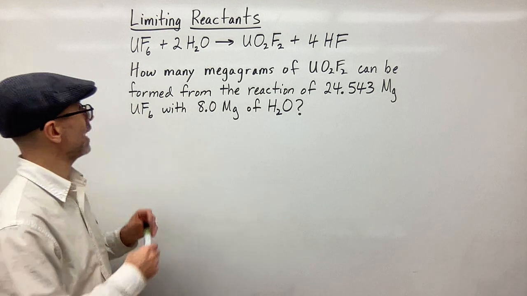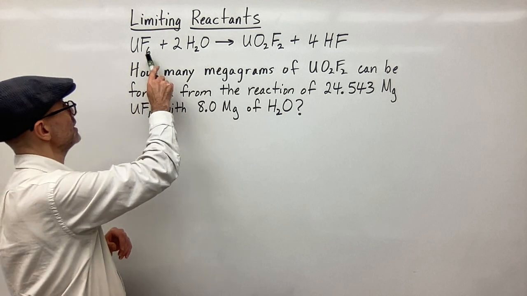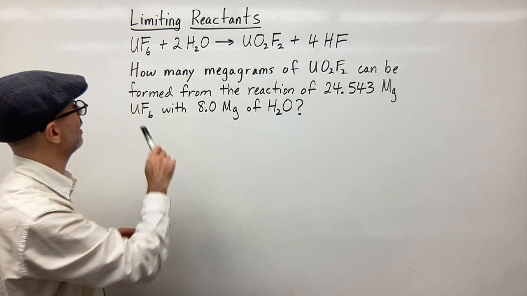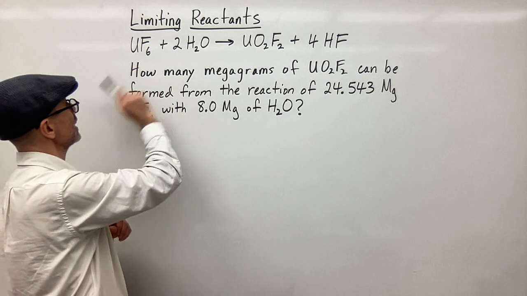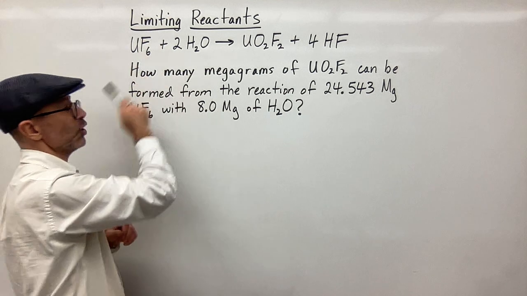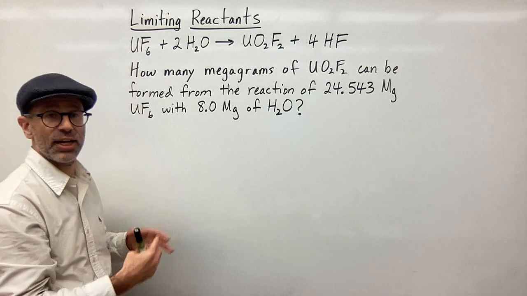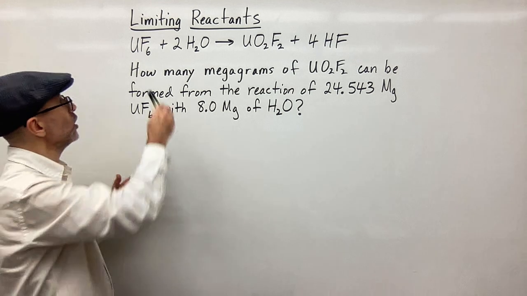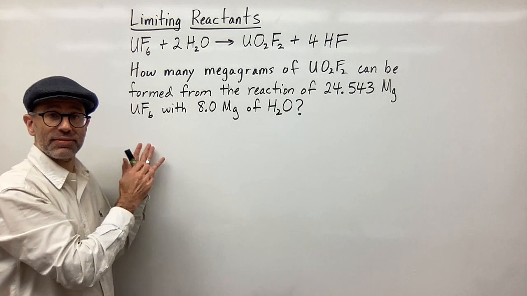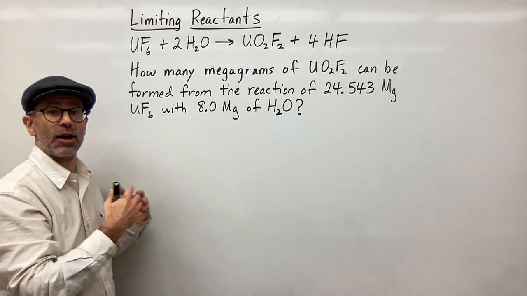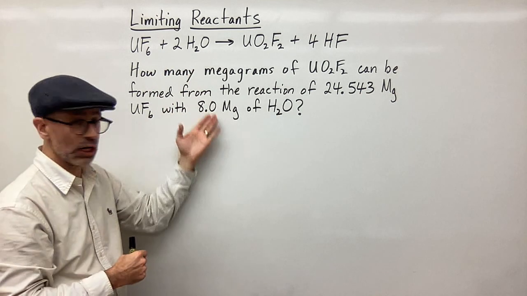So if I have a certain number of moles of UF6, I can convert that and find out how much water I would need to completely react with this amount of the UF6 that I'm given. If the amount of water I need is greater than the amount of water that I'm given here, right?